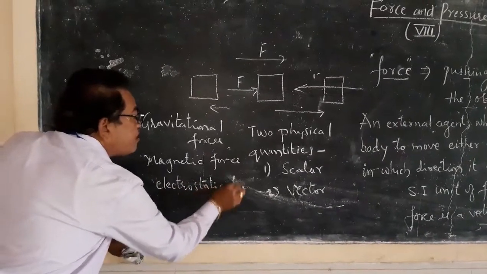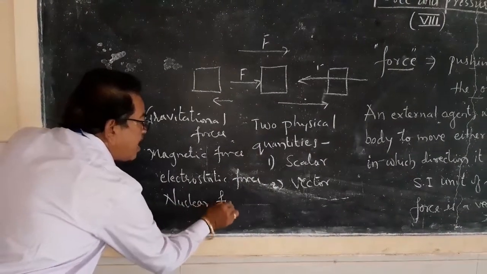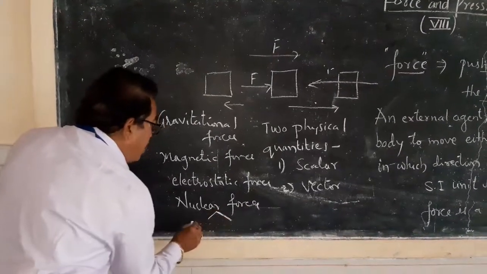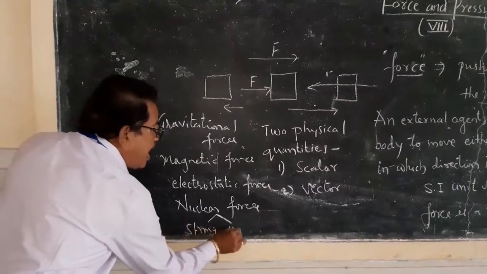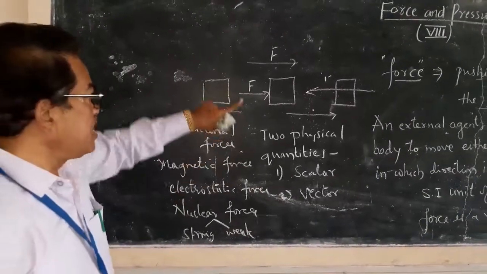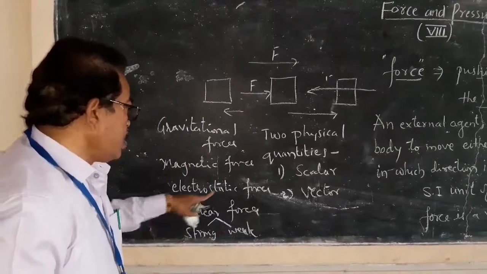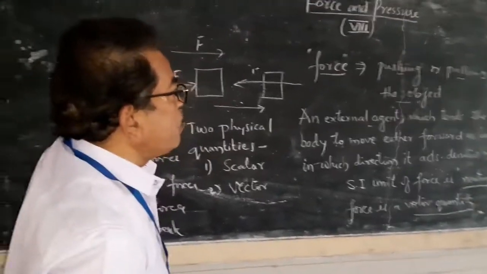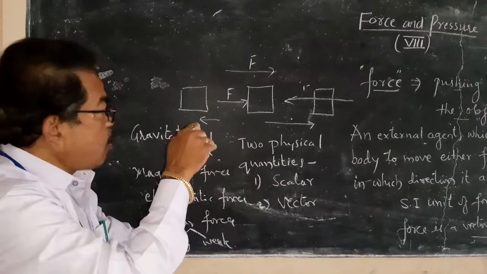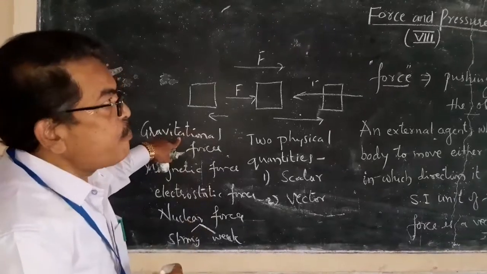Then nuclear force, which we can classify as strong and weak nuclear forces. These are the major types of forces: gravitational, magnetic, electrostatic, and strong and weak nuclear forces. Many different types of forces are there. We learn about these kinds of forces when we move to higher classes.